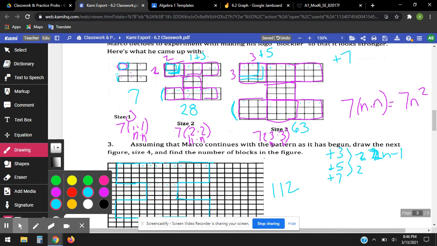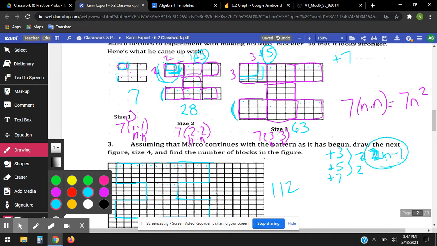And let's see if that works. So I have 1. So 1 times 2 minus 1 is 1. Okay, that puts me back with 1. I'm trying to get what's in the blue right here. So if I put a 2 in here, 2 times 2 is 4 minus 1 gets me 3. I've added 3. Here, if I have a 3, 3 times 2 is 6, minus 1 is 5.